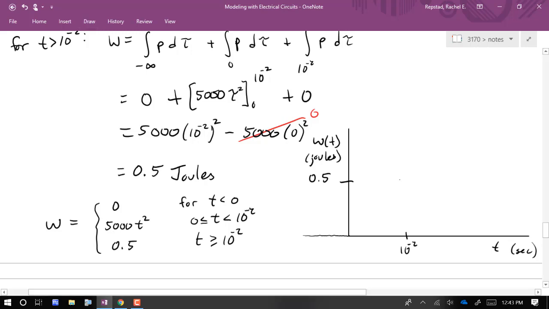So it's this quadratic in between 0 and 10 to the negative 2, so it kind of looks parabolic, then it holds steady. Of course, it's 0 to begin with.